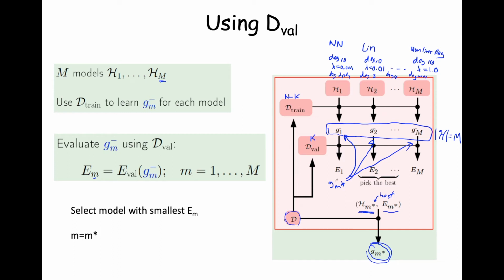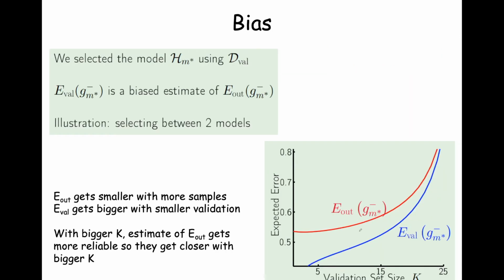It corresponds to the best of the limited final best hypothesis candidates, because we select the candidate and then we run that candidate through the full data set to get g_m star. So when the book refers to E_val of g_m star minus, that corresponds to the particular g_m minus associated with the best validation error, E_m.